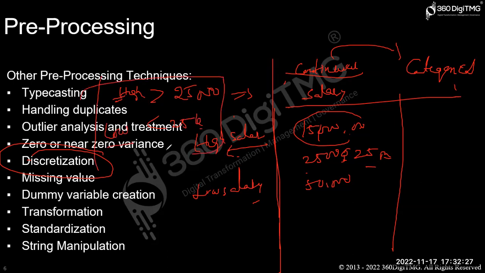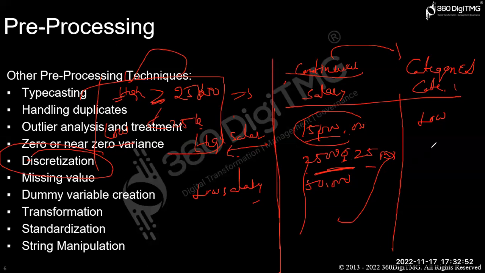So if I convert this continuous data into categorical, whatever the continuous data we will be having, we are simply converting into categorical. That we will be calling as discretization. Here 15,000 will be under 25,000, right? So it is converted as low. 25,000, we can say greater than or equal to, in that case I'll be considering as high.